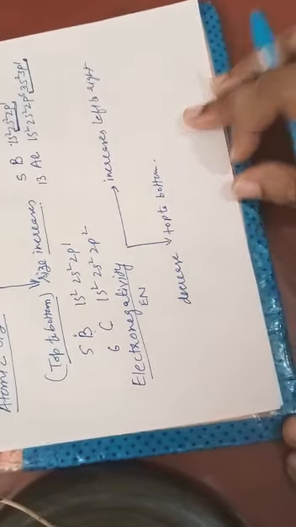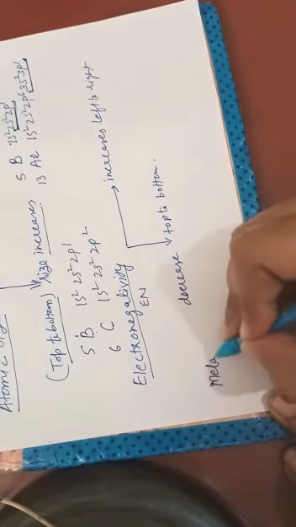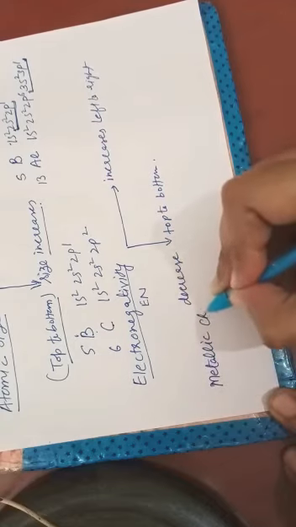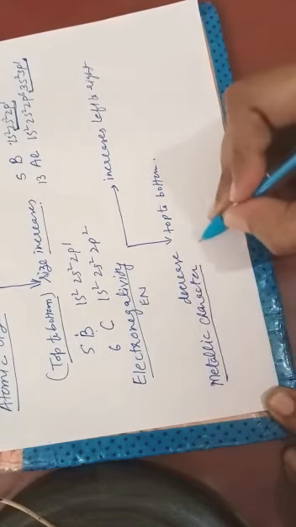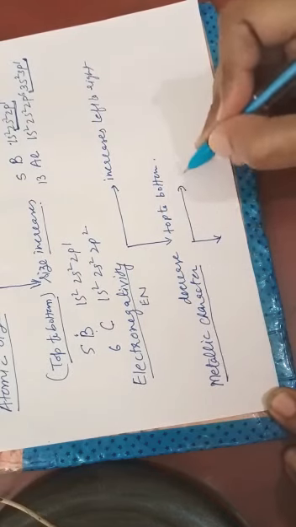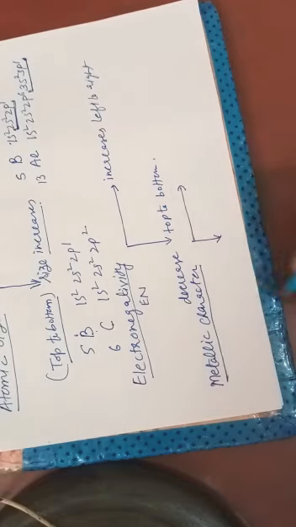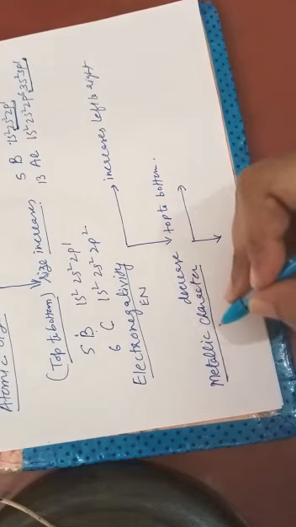Now we talk about metallic character. You know the trend of metallic character. A metal always loses electrons.